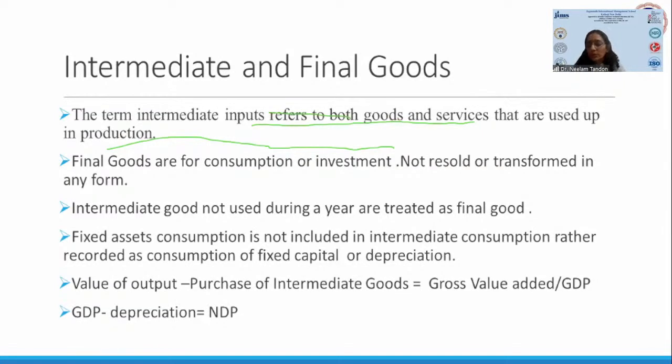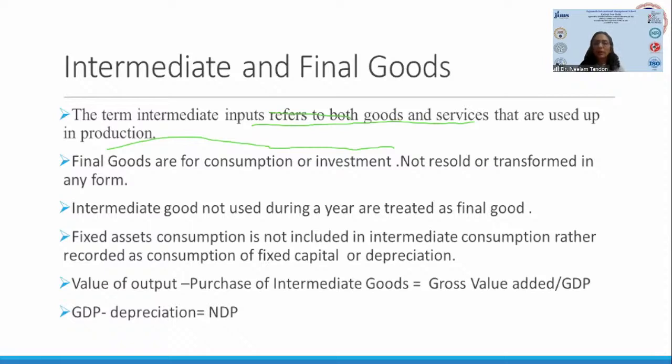So when you come across the word GDP, when you come across the word gross value added, what is gross value added in GDP? It is about value of output. What is value of output? Let's say price of wheat per quintal is 1,000 rupees. Just an assumption.